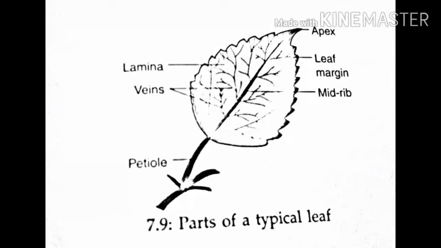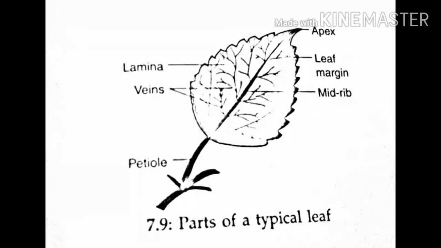Why leaves are green means they contain the pigment chlorophyll. This chlorophyll helps in photosynthesis. That green pigment we call chlorophyll. This is a very important thing in the leaf. It helps in photosynthesis.